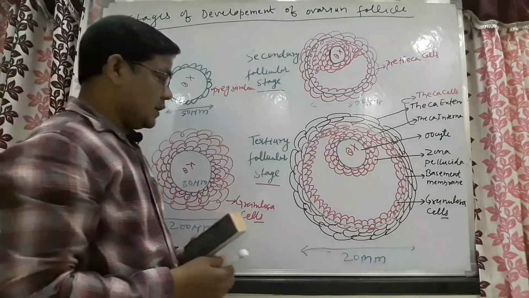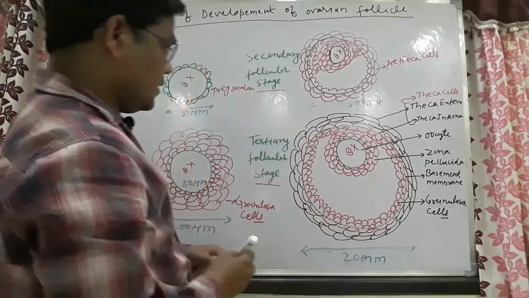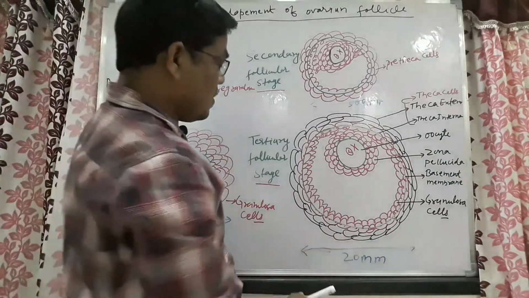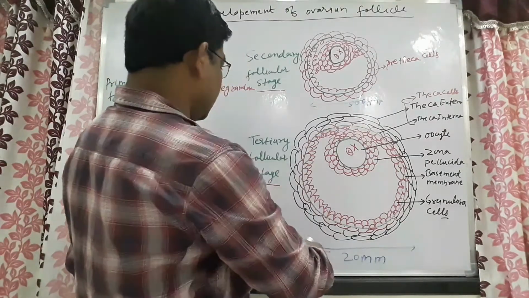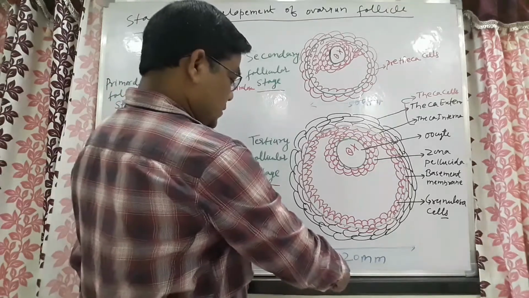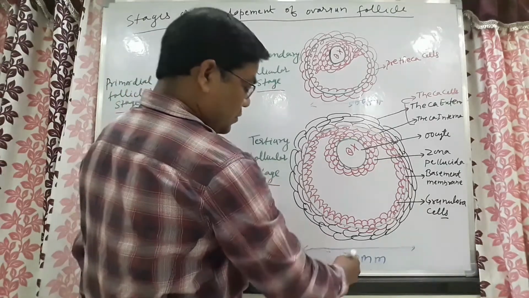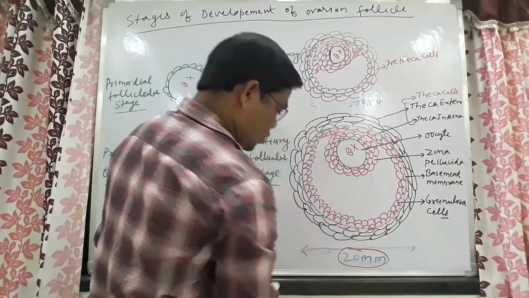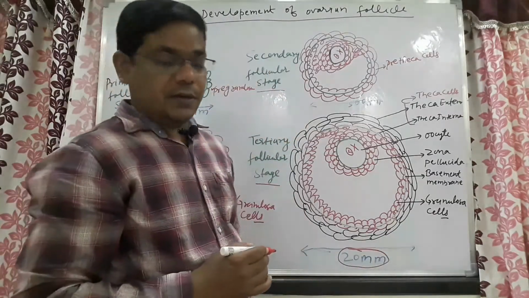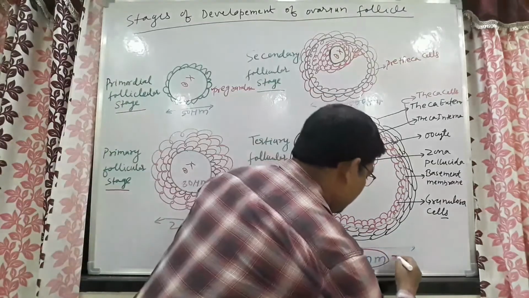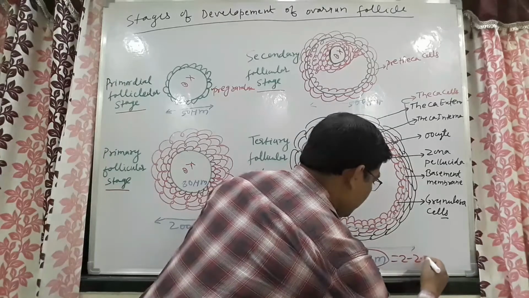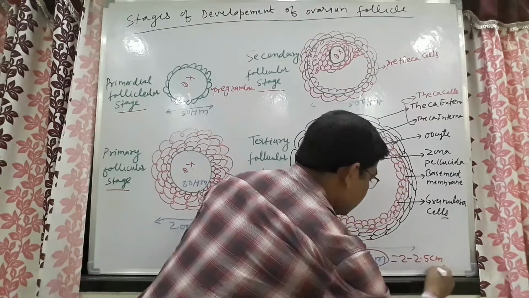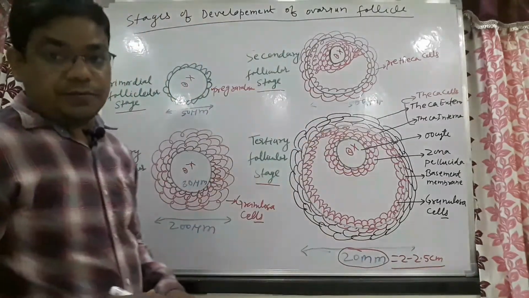One point here is to be marked, that the size of the tertiary follicle, you have to remember this value, is 20 millimeter, that means 2 to 2.5 centimeter is the size of the matured Graafian follicle.